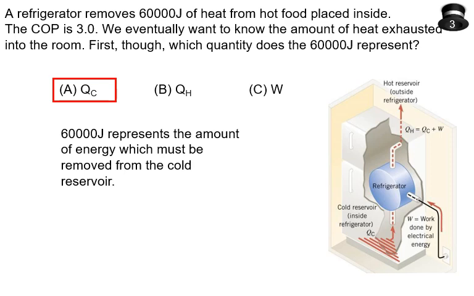All right, and so here is a picture, for instance. We have our work being input from electrical energy. Heat is being removed, perhaps by this compression and expansion of fluid, as we talked about previously. And then exhaust goes out. And so what we're talking about is the heat removed from the food, so that's going to be Q sub C.